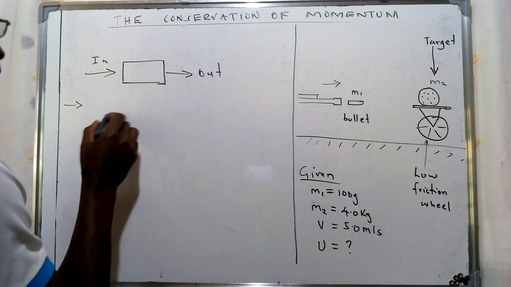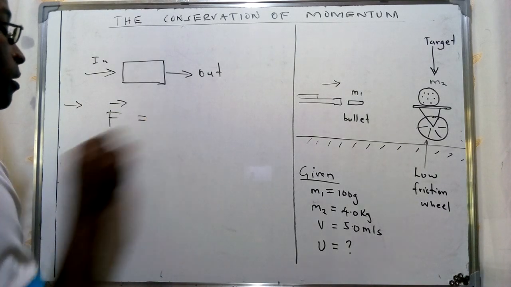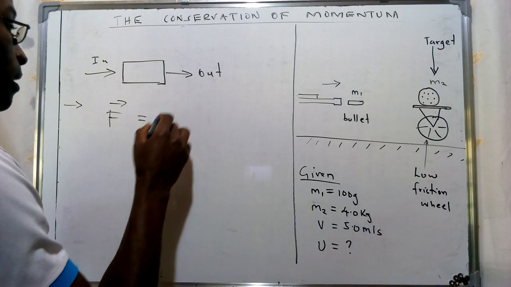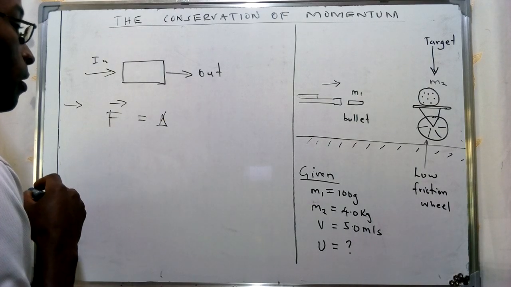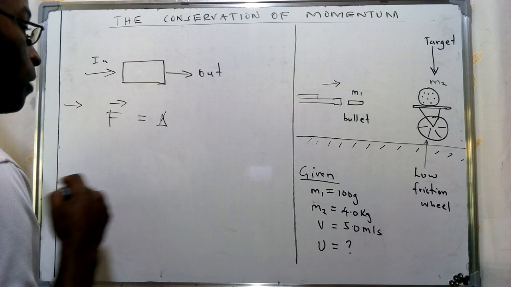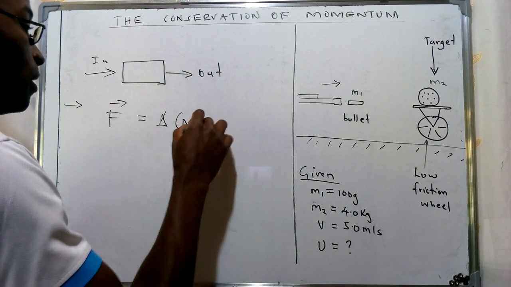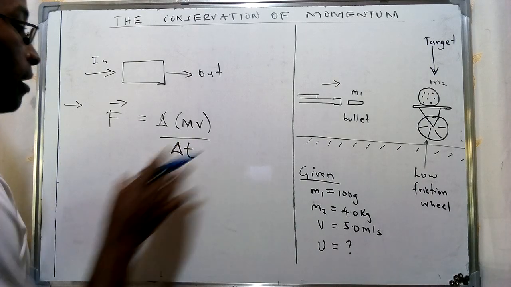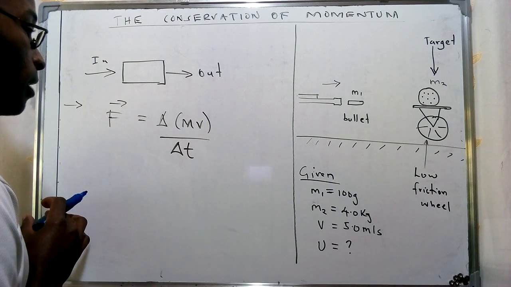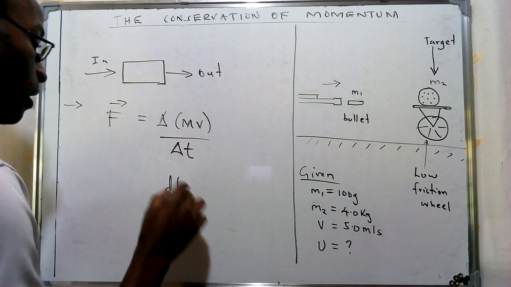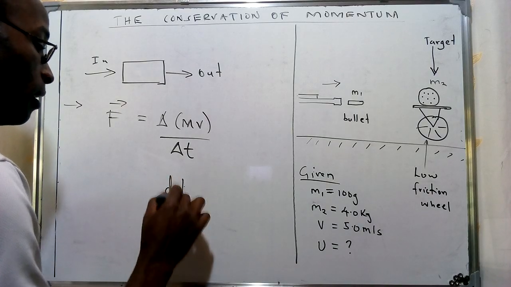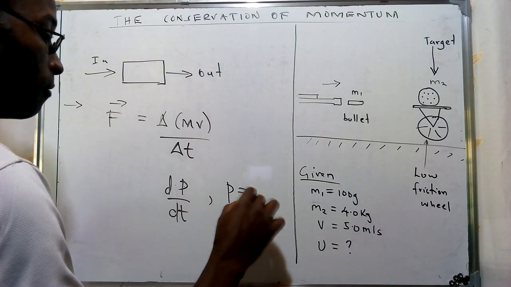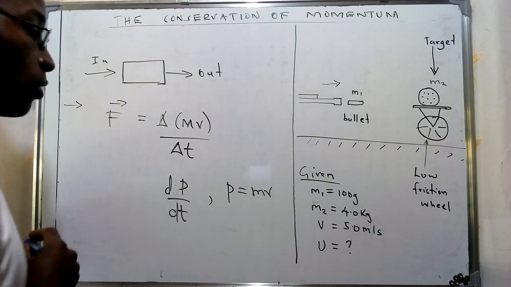So we can illustrate the force involved for a particle as delta mv all over delta t. And this basically implies the rate of change of momentum, which we can give in terms of dp all over dt.